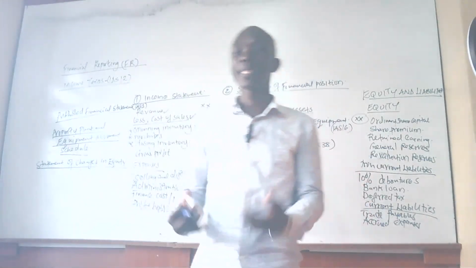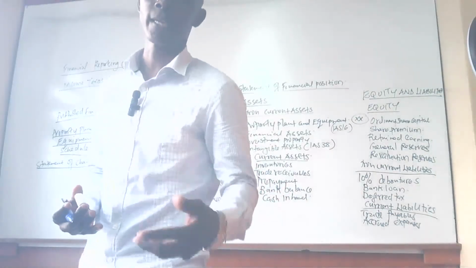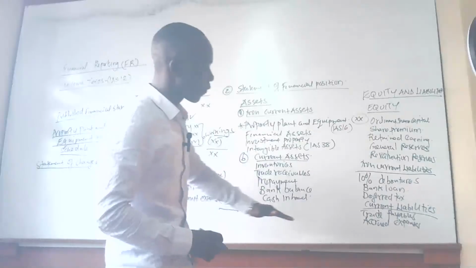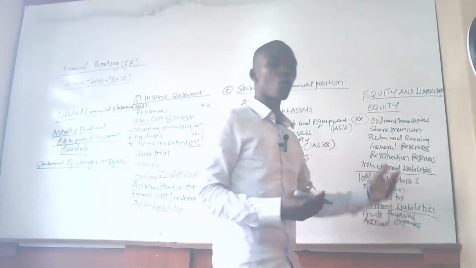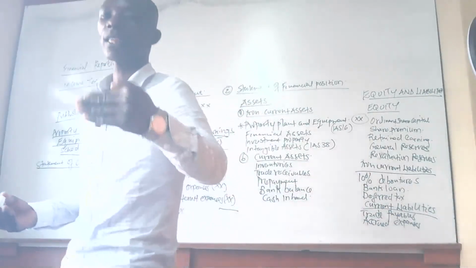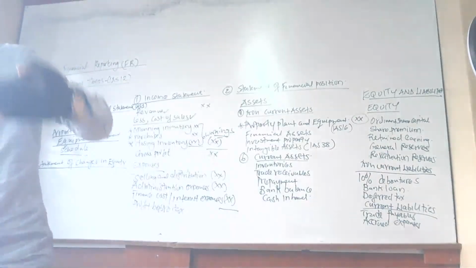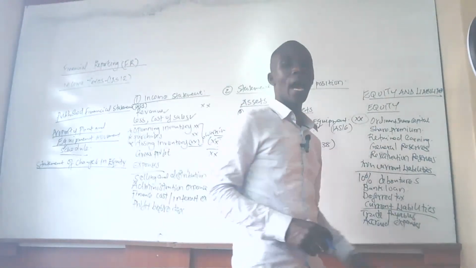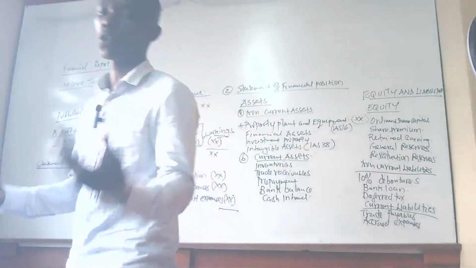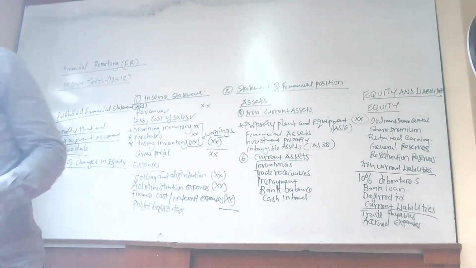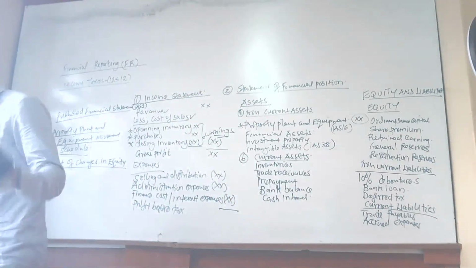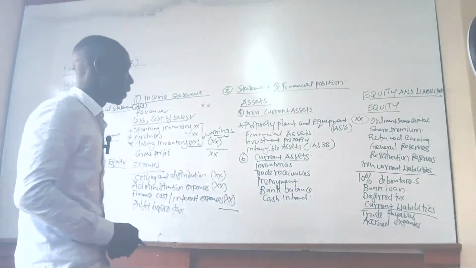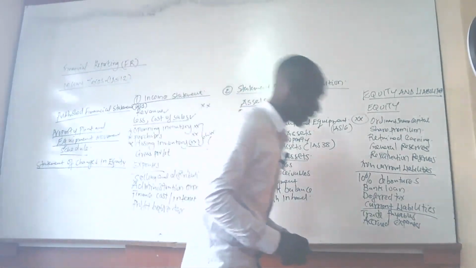This amount which you have not paid the employees is what we call accrued expense. Whatever you have not paid at the end of the financial year will be classified under accrued expense. And it is a short-term liability, because in the end you are going to pay it.